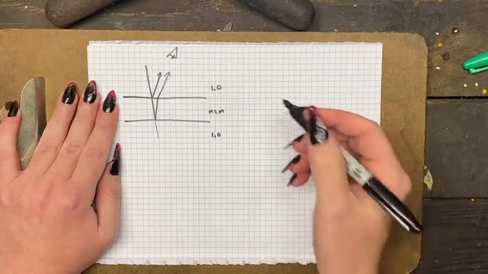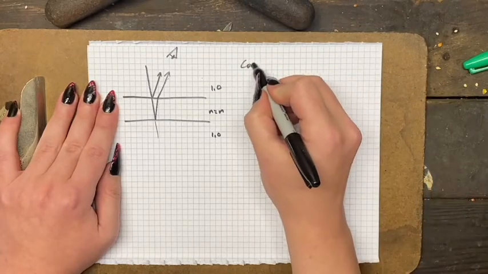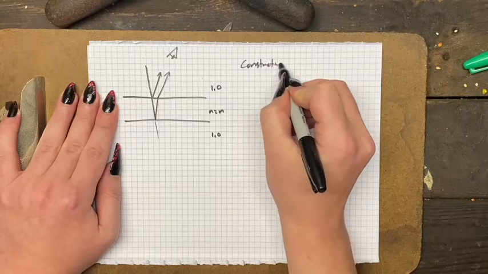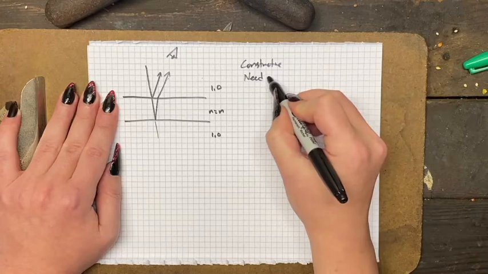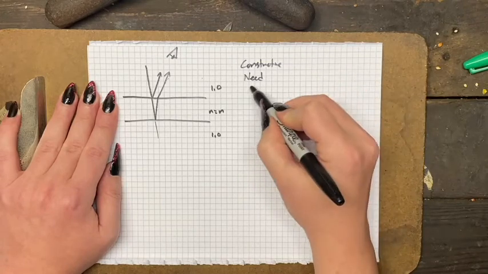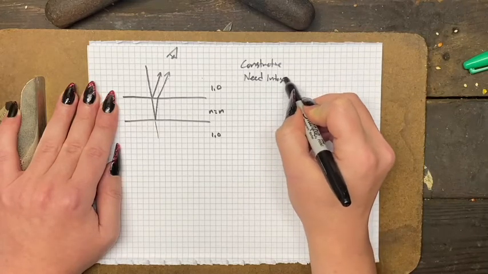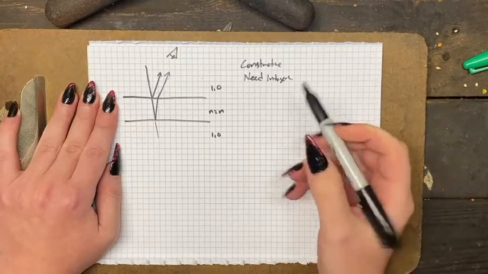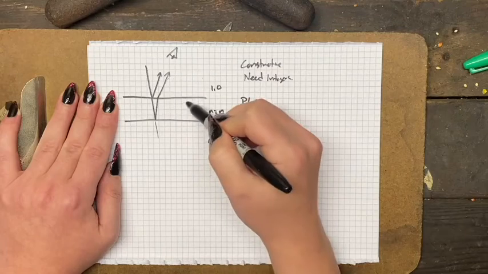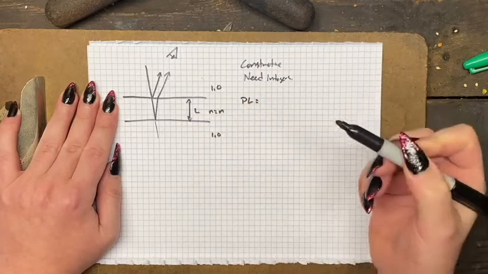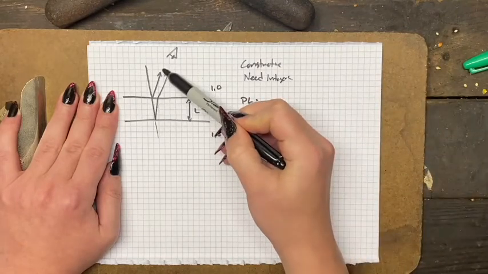So a question that we should ask, if we want constructive, we know that we need integer numbers of wavelength shifts, right? Need integers. And you might be tempted to say, oh, well, then the path length is, what's the path length? If this is the width, we'll call it L. This ray just bounces off directly.